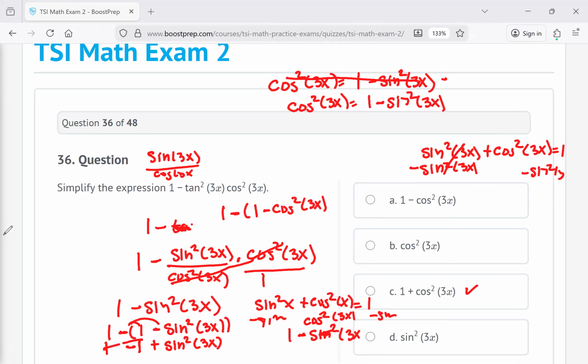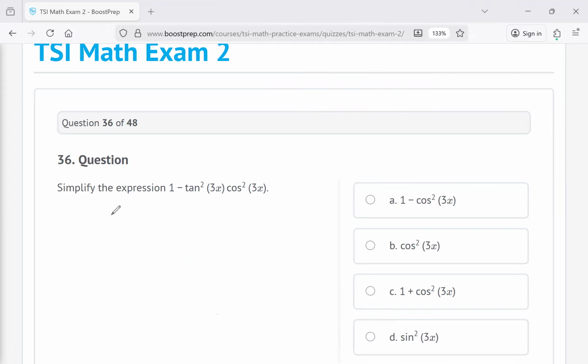I made a mistake. Okay, let me do this again. So we have 1 minus tan square of 3x times cosine square of 3x. What I'm going to do is substitute tan square with sine square over cosine square of 3x, right?